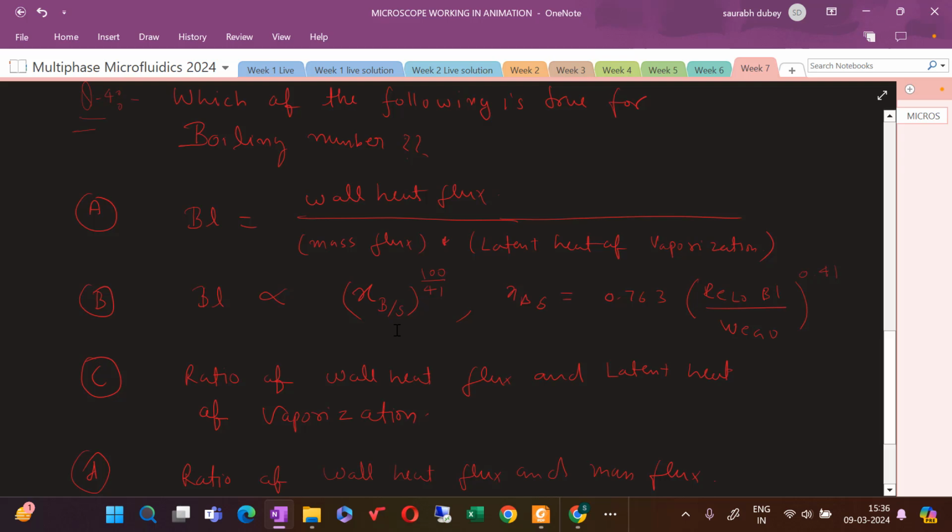So you look at this and come up with the answer. If you remember the discussion about the boiling number, then you will surely get the answer. This was taught in the first lecture of the week, while discussing flow regime maps, specifically flow boiling in the microfluidic channel. Just look at this and we will be discussing the same again.